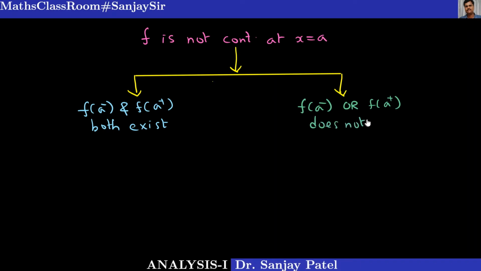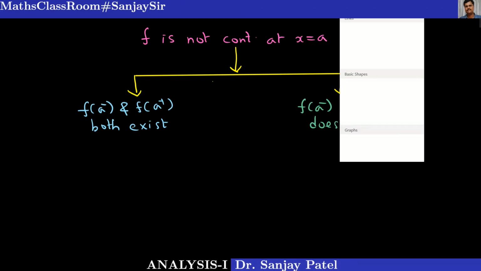Here "or" means it can be true both ways; does not exist means both f of a minus and f of a plus may not exist. And the next thing, I can classify this first possibility further into two categories, say like this.